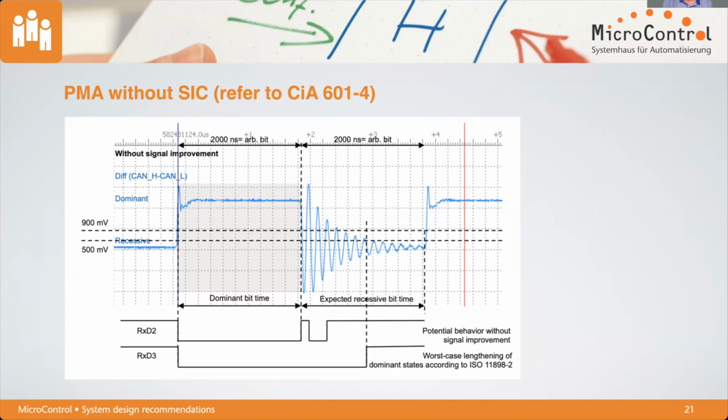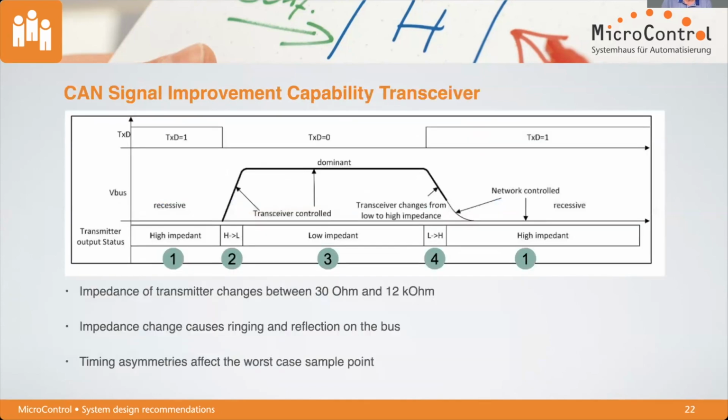What you see here is that the receive signals RxD2 and RxD3 depict potential behavior which might occur when you have ringing or a longer dominant bit time, which leads in the end of the day to error frames on the bus, and you don't want that. So the way to get around that is our so-called signal improvement capability transceivers.